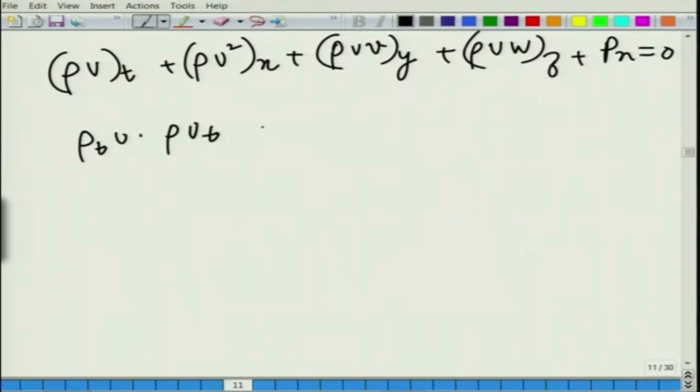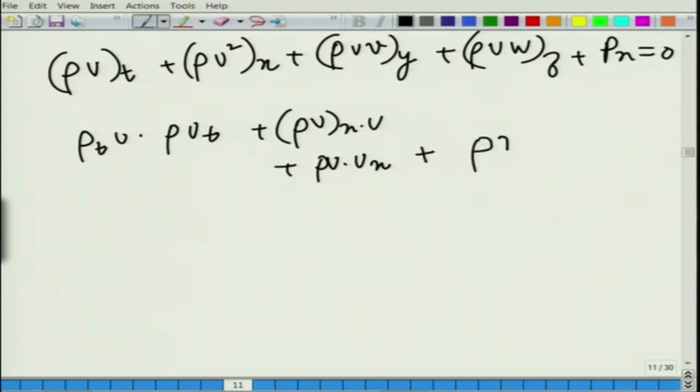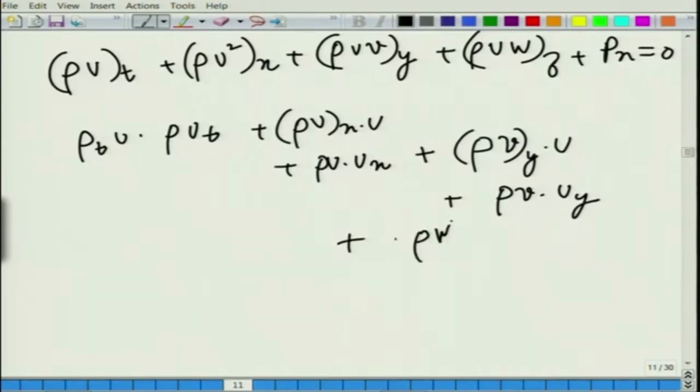So, this is like this, and rho u x into u I can write, plus rho u times u x I can write, and then rho v times u, let me club this thing together, and u y, and here you have your rho w times derivative with respect to z of u.